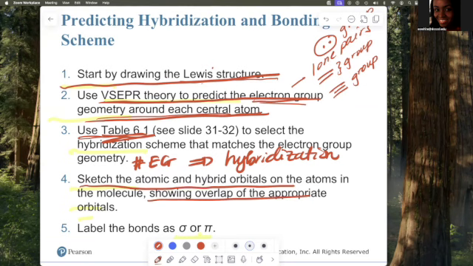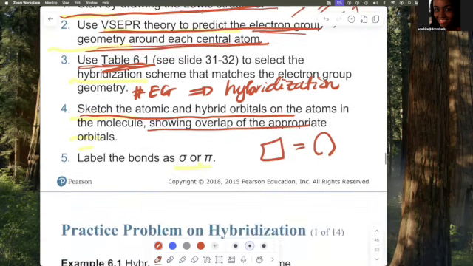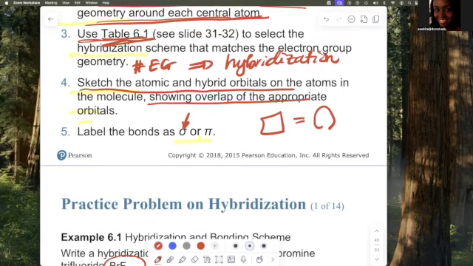And of course, if you're drawing the valence bond model, you want to use the bubbles for the hybrid orbitals, right? And then you want to label all the first bonds as sigma, all the second bonds using the unhybridized orbitals as pi.